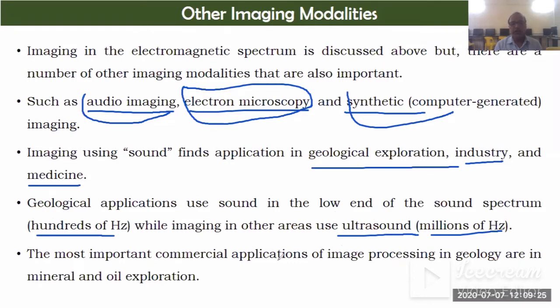The most important commercial application of image processing in geology is to find minerals and for oil exploration. These are the two main applications. We have to find the minerals in land, and the oil available in land or in the sea. These are the two basic applications of geography using sound waves.